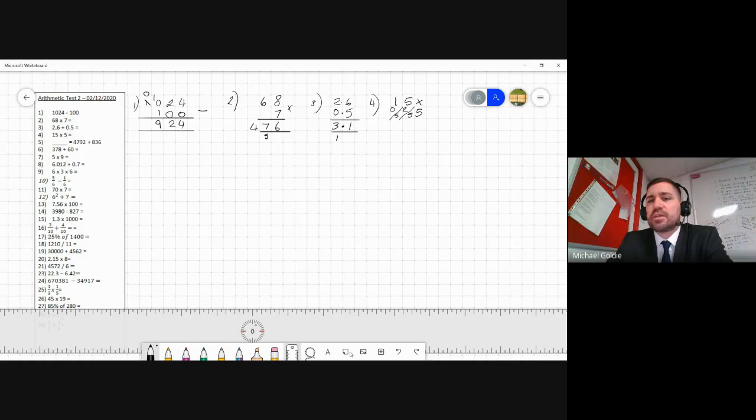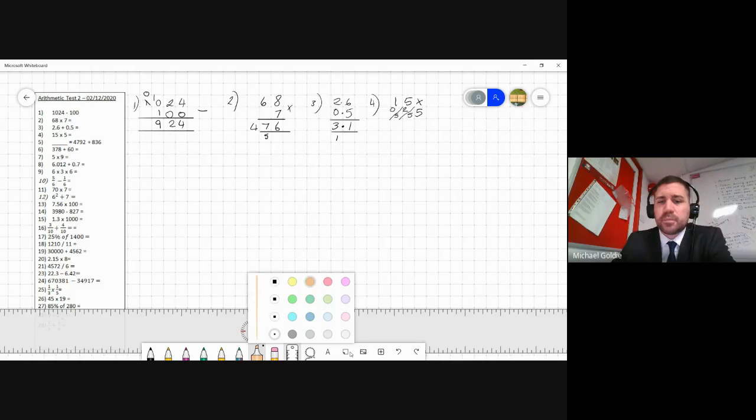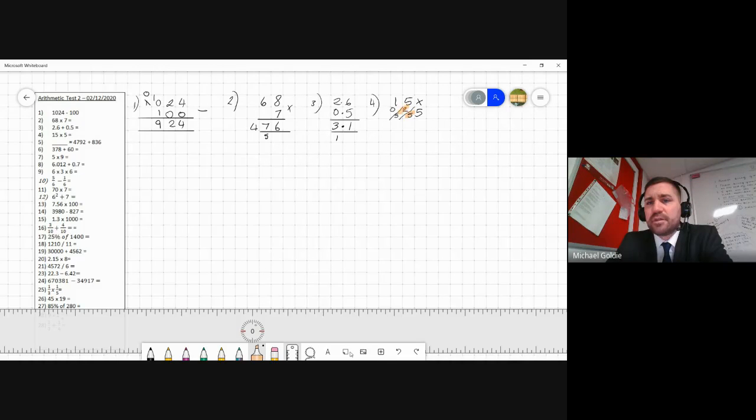And because there's no 10s, you just make sure you put your 0 up there. And then what we're going to do, this is important, is you add up the diagonals. So I'm going to start with adding 5 on its own and put the 5 down. And then 5 add 2, which is 7. And the answer is 75.